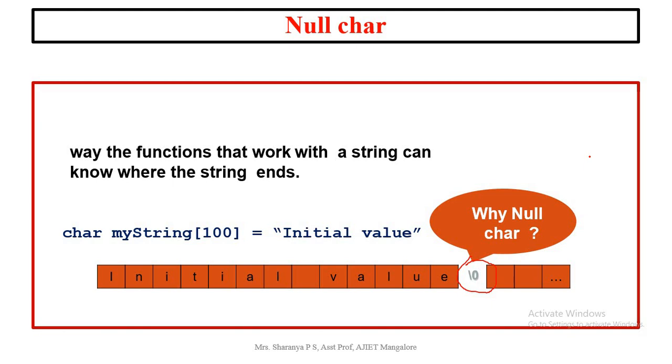When we are using some functions, if we are not using this, it is very difficult to identify the end of the string, which may contain one more word. So in order to identify the end of the string, we make use of this \0. Because of this, we can write programs which indicate the end of the current string.